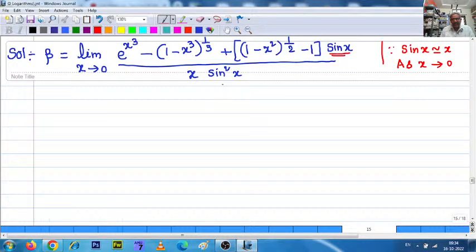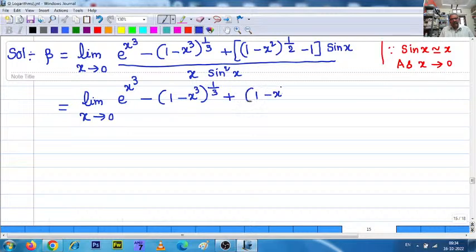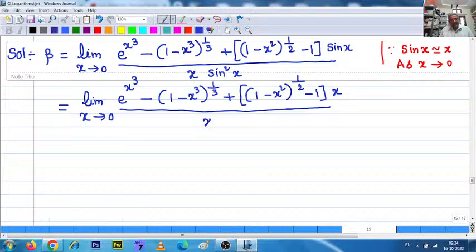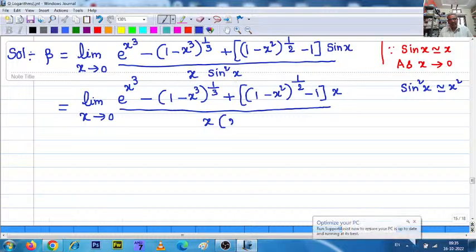So this equals limit x tends to 0 of e power x cube minus (1 minus x cube) all to the power of 1 by 3 plus (1 minus x square) all to the power of 1 by 2 minus 1, times, instead of sin x, write x, divided by x times, as sin x approaches x, sin square x is approximately equal to x square. So instead of sin square x, write x square.